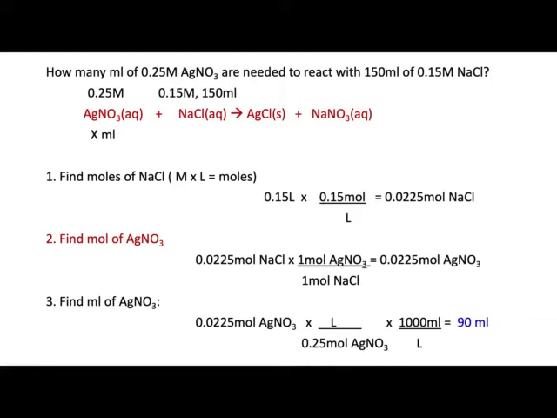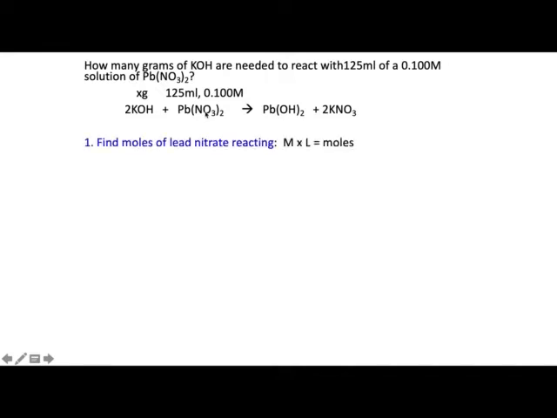Let's take a look at another one. Now this question is a little bit different in that you're asked to find the grams of the reactant potassium hydroxide and not the volume. But they did give us the volume and molarity for the lead nitrate. So the first thing I'm going to do is what I did in the last example.